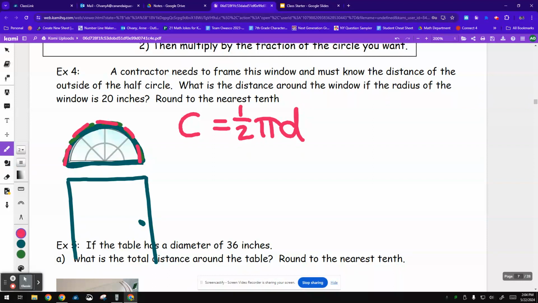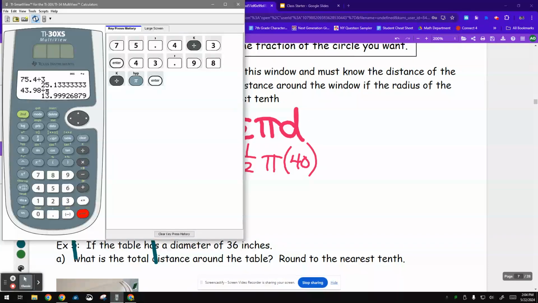If the radius is 20, raise your hand to tell me my diameter. 40. Great job. So C equals 1/2 pi times 40. 1/2 pi times 40 is 62.8.